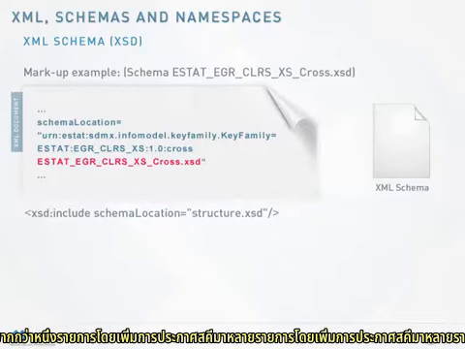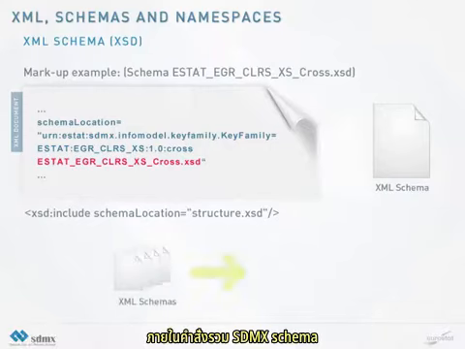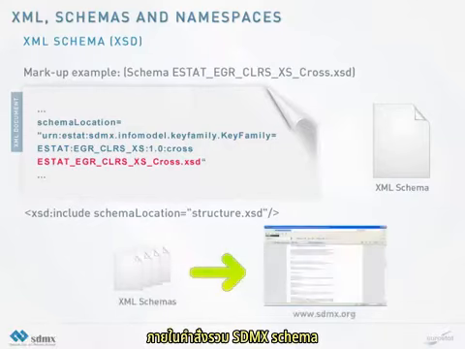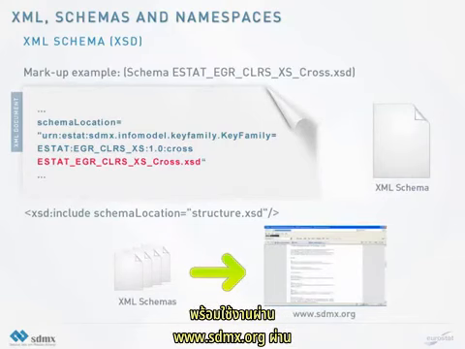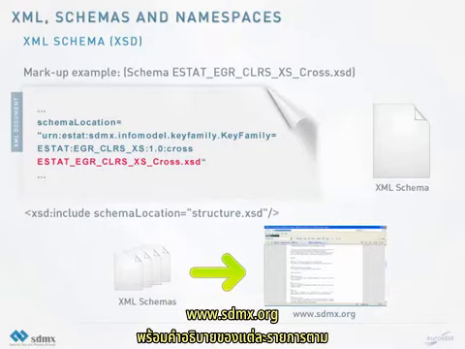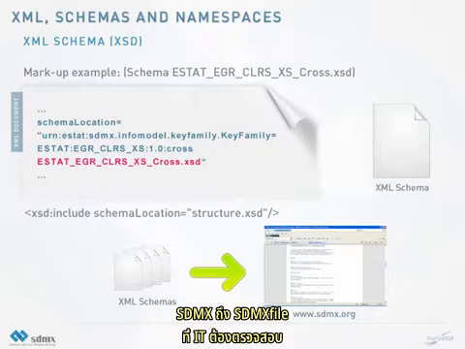More than one schema can be included by adding several schema declarations inside the include statement. The recommended SDMX schemas are available through www.sdmx.org with a description of each one according to the SDMX file it has to validate.